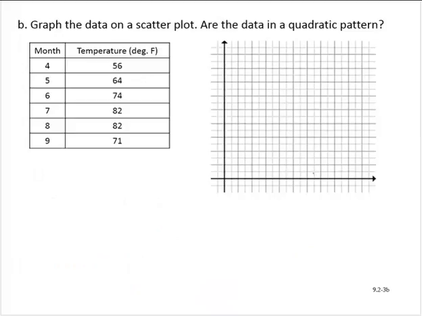Now we're asked to graph the data on a scatter plot, and are the data in a quadratic pattern. Alright, so I recreated the table. M versus T, so I'll put M here, T here. Now I'll just use a standard axis. Let's see, 1, 2, 3, 4, 5, 6, 7, 8, 9. I can fit them all.